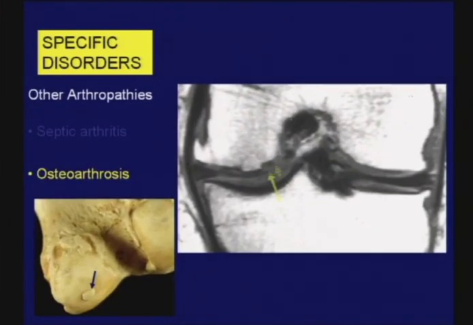Now, we're going to be hearing a lot in the next two lectures about articular cartilage, so I'm not going to say much here. I just wanted to show one example of osteoarthrosis because I love to find these button-like osteophytes. You know, we all recognize marginal osteophytes, but these are button-like osteophytes that simulate intra-articular bodies on plain films.